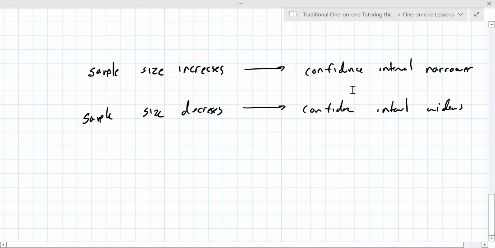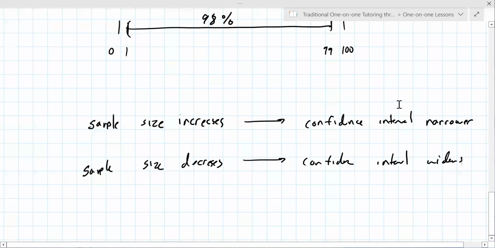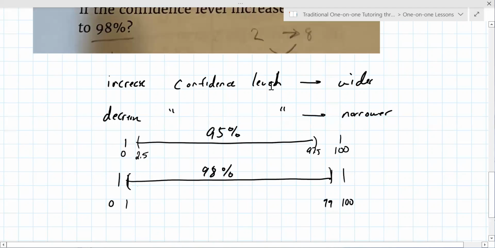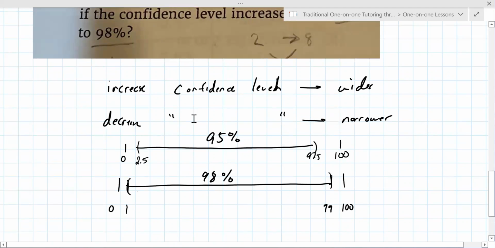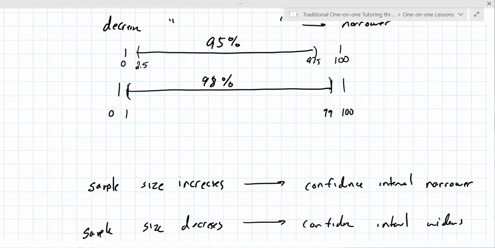And they can also be written backwards. Like a question could say, if the confidence interval narrows, which of the following is true? And you would have to know that its sample size increases. But it could also be that the confidence level changed as well. Like there's multiple ways to do it is the point.